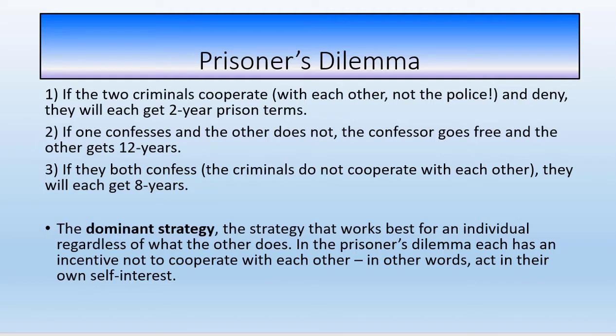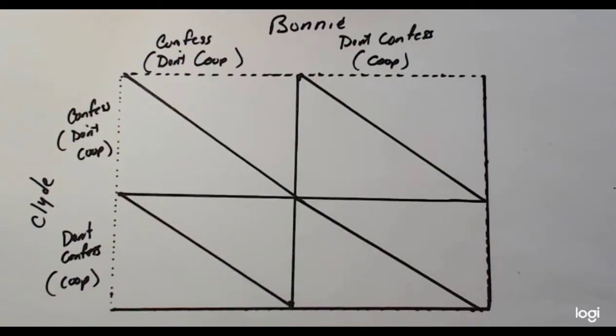Now what I want to do is build a table, the classic table you'll see on the prisoner's dilemma, and examine the situation and ask, where's the dilemma? So let's apply this situation to an example using Bonnie and Clyde. Classic example, they're the duo who in the early 1930s committed a whole slew of crimes.